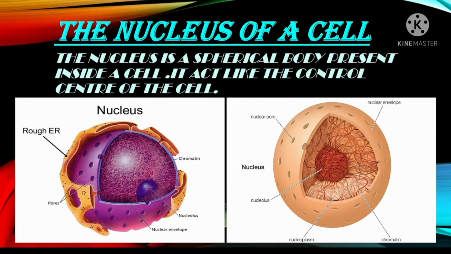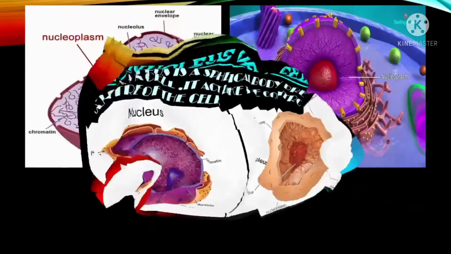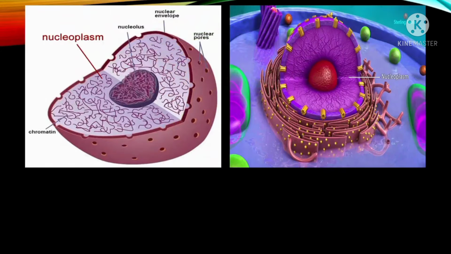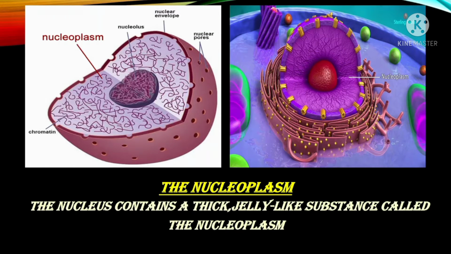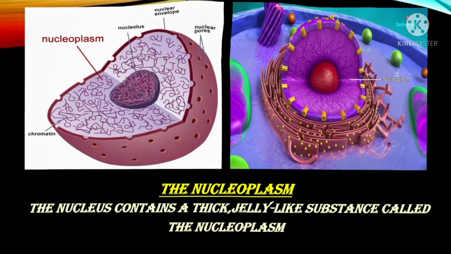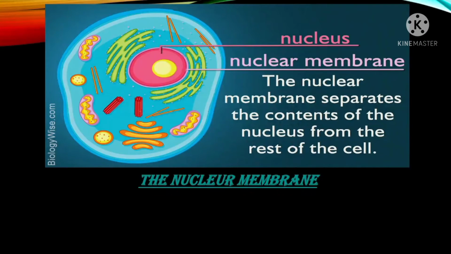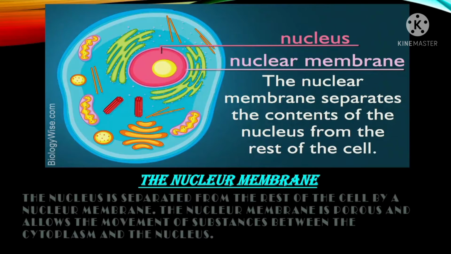The nucleus of a cell. The nucleus is a spherical body present inside a cell. It acts like the control center of the cell. The nucleoplasm. The nucleus contains a thick, jelly-like substance called the nucleoplasm. The nuclear membrane.